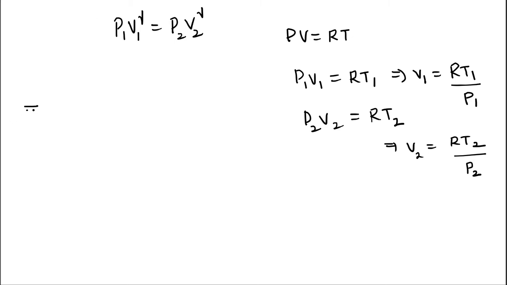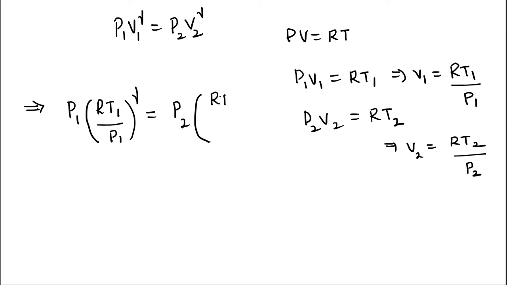So what I do here is P1, now V1 I am replacing with RT1 over P1, power gamma. On the right side P2, now V2 is replaced with RT2 over P2, power gamma. Now let's distribute the power here.